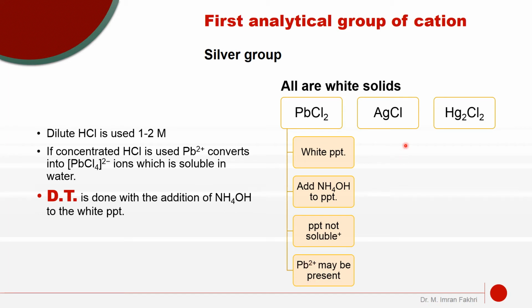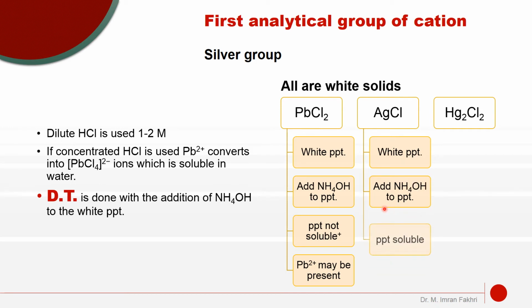If we are performing the salt analysis, have added the HCl into the original solution, and obtained a white precipitate, we then add ammonium hydroxide to the white precipitate. If those white precipitates are soluble in ammonium hydroxide, we say that our salt contains silver positive ion.